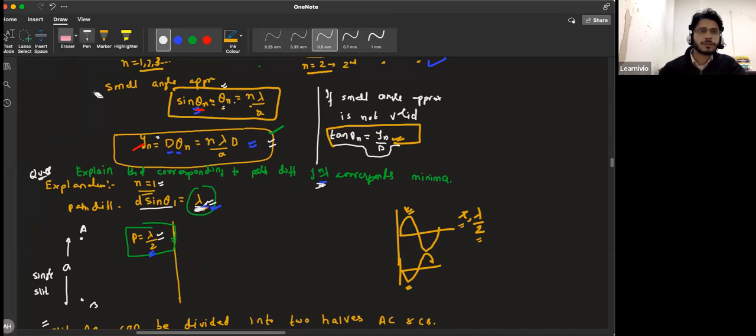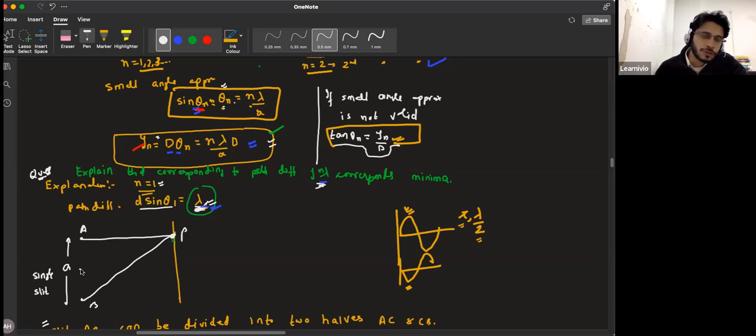And this is a point P on the screen. To this point P, waves are coming from A and B. Which wave is covering a greater path, wave from A or wave from B? B. And the path difference between the waves coming from B and A is lambda.